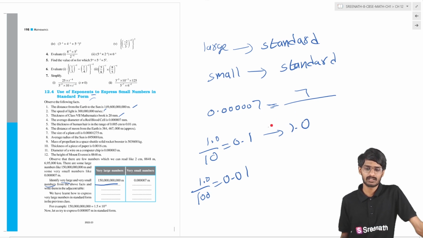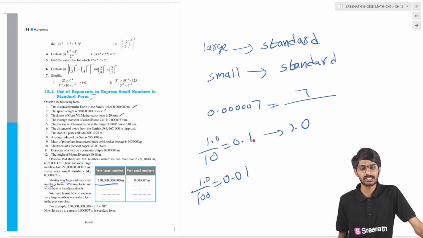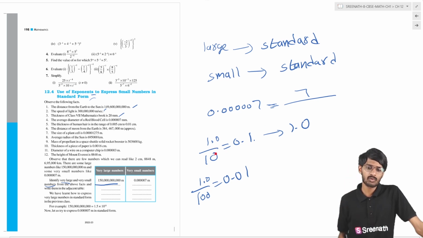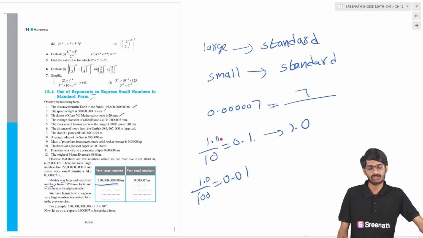This dot is shifting right. Whenever we are dividing, that is shifting left. Okay students, can you understand it?